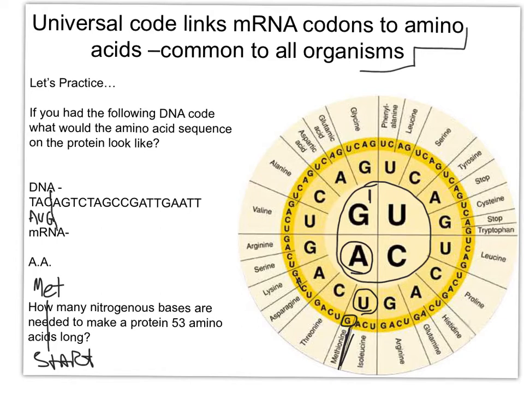And you could go to the next one. A is U, G is C, T is A. So now we're looking for UCA. So we're using the mRNA to get this. So then that's U, C, A, and that's serine. So we would write SER as the next sequence of amino acids.